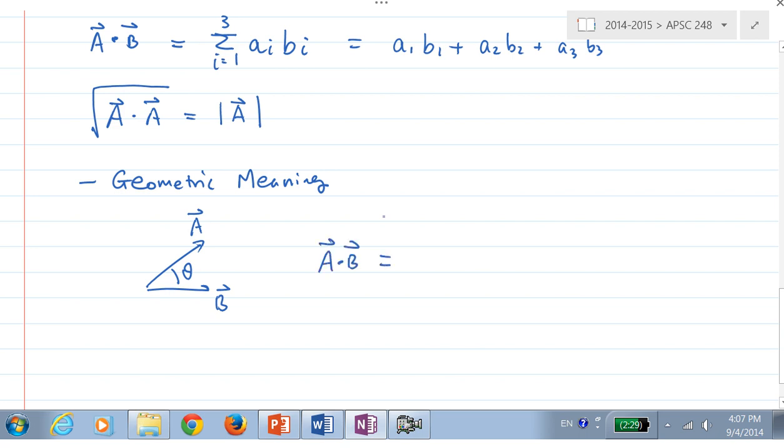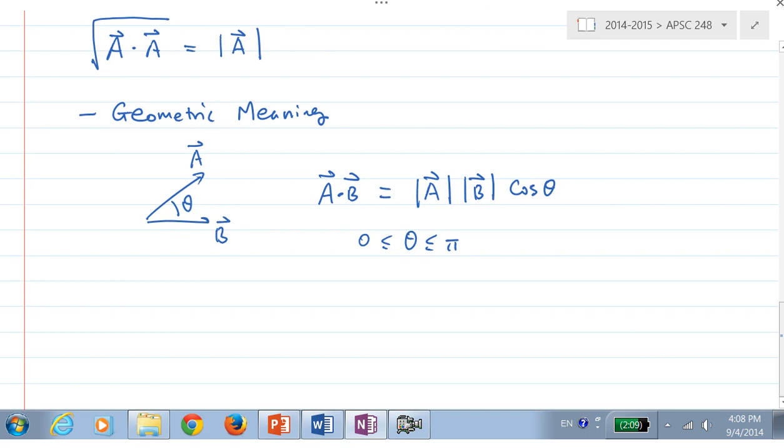One way is to use the formula as we just presented it here to calculate the dot product, and the other is this alternative formula. A dot B equals the absolute value of A, multiplied by the absolute value of B, multiplied by cosine theta, and the angle theta is supposed to be within 0 and pi.